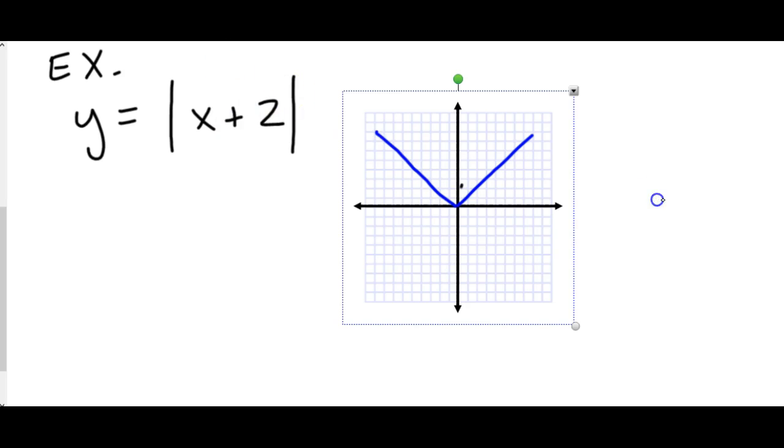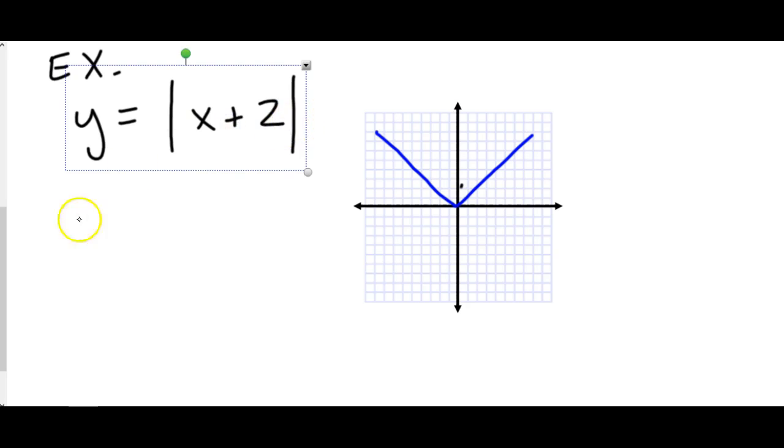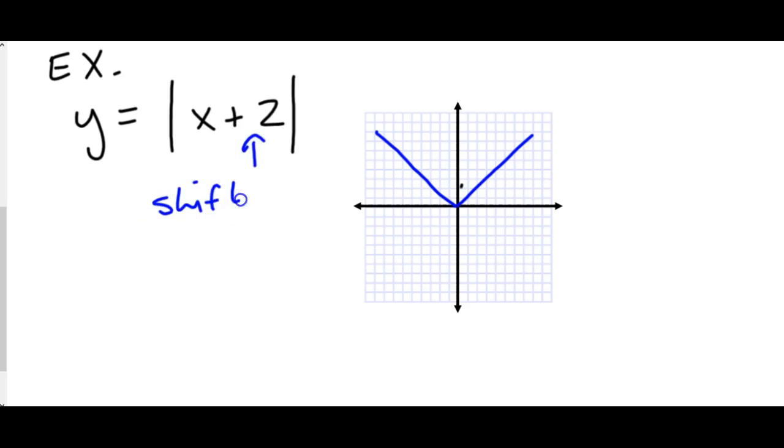And our plus 2, it is inside the absolute value bars. So according to what we had written up above, that means this is a horizontal shift. And specifically, it means a shift to the left. So shift left 2.